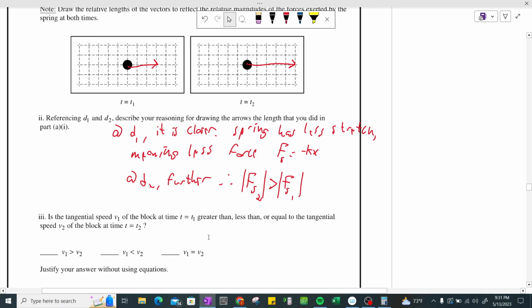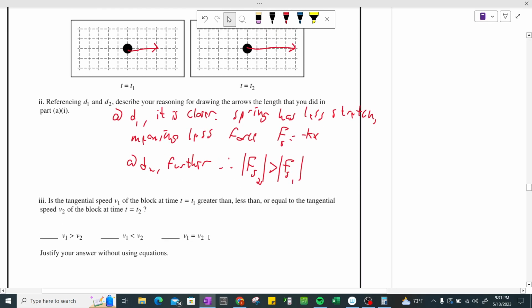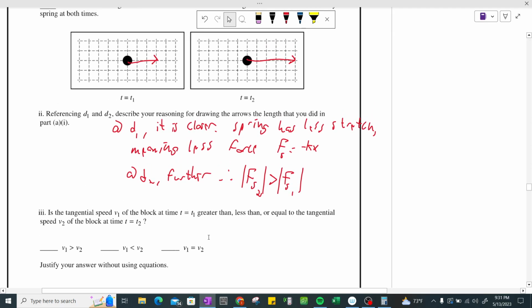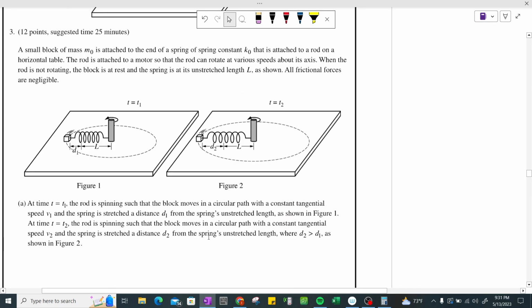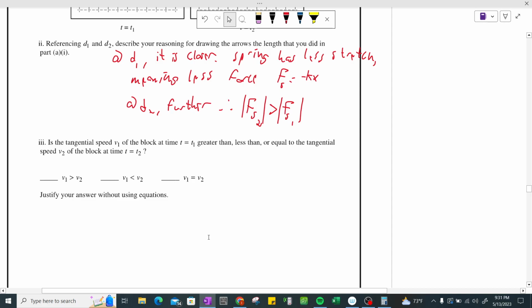Is the tangential speed v1 of the block at time t equals t1 greater than, less than, or equal to the speed v2 of the block at time t equals t2? So coming back to here, if it's got that bigger radius, we have to justify without using equations. I like to use equations to process through it.